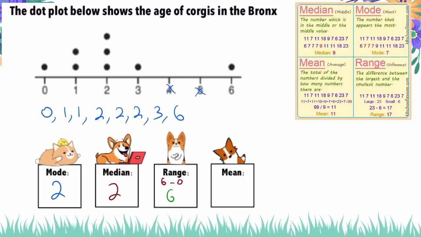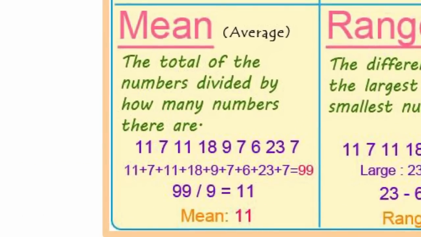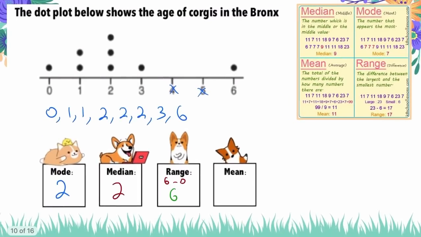The last one, the mean. We add all of the numbers up and then divide by the number of numbers. So what would the mean be for this set of numbers? Well, in order to do that, you're just going to add them up.